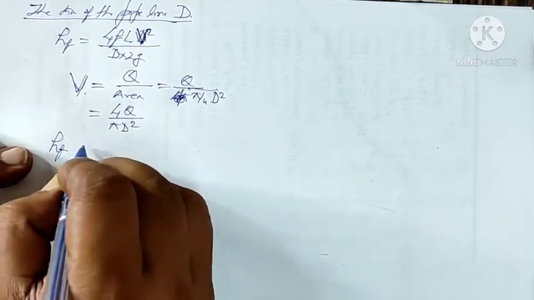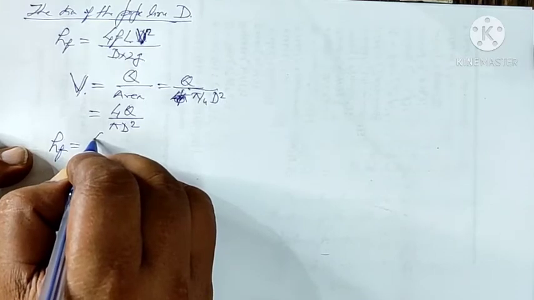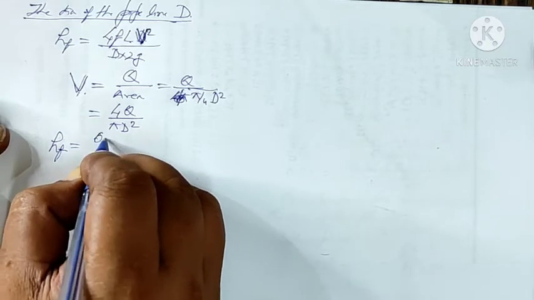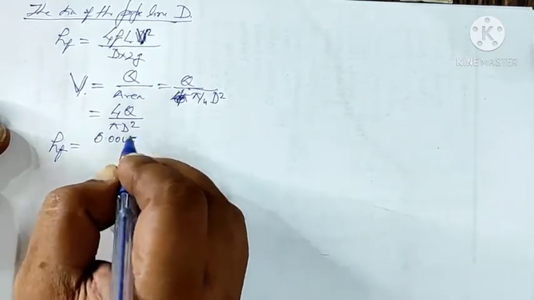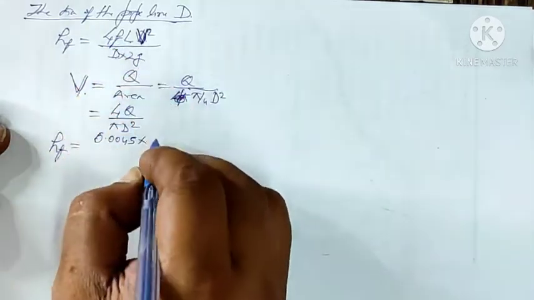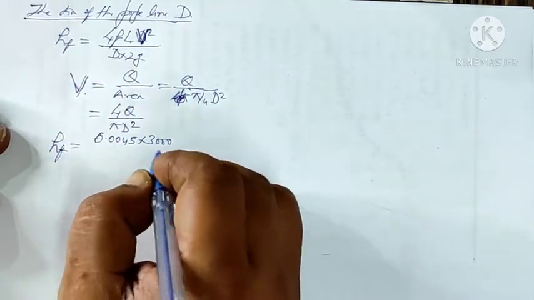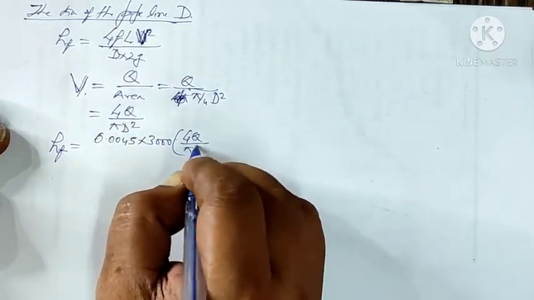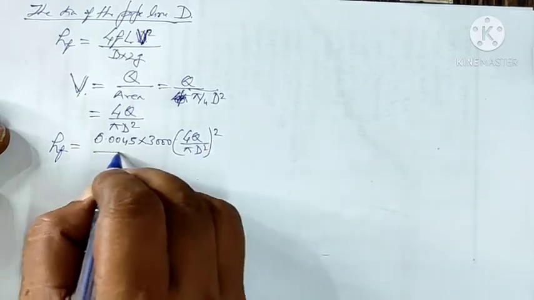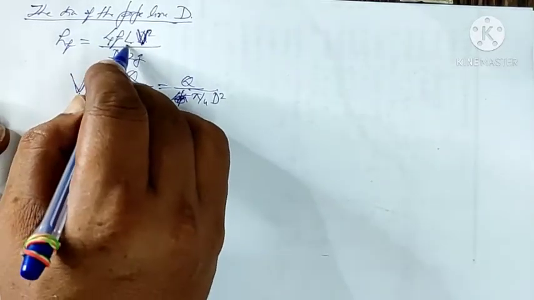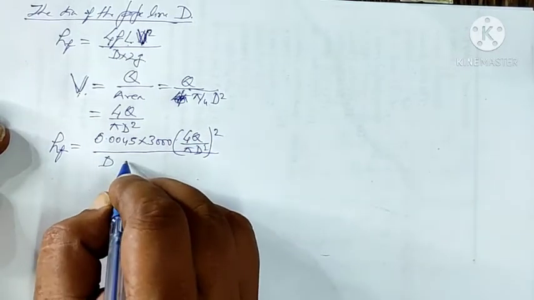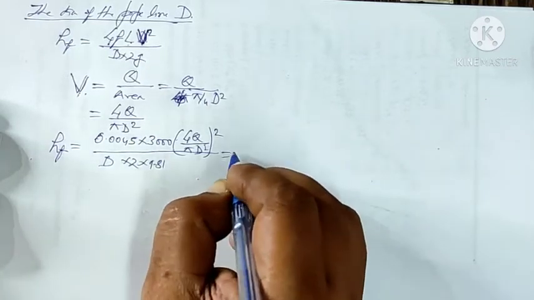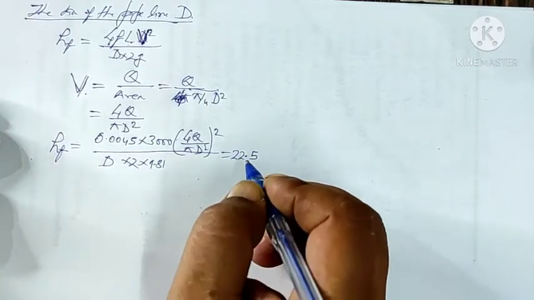HF is equal to 4 into F, which is given as 0.0045, multiplied by L, which is given as 3 kilometers, so 3000 meters, multiplied by V², so (4Q upon πD²) whole squared, divided by D into 2 into 9.81, and HF we know is equal to 22.5.